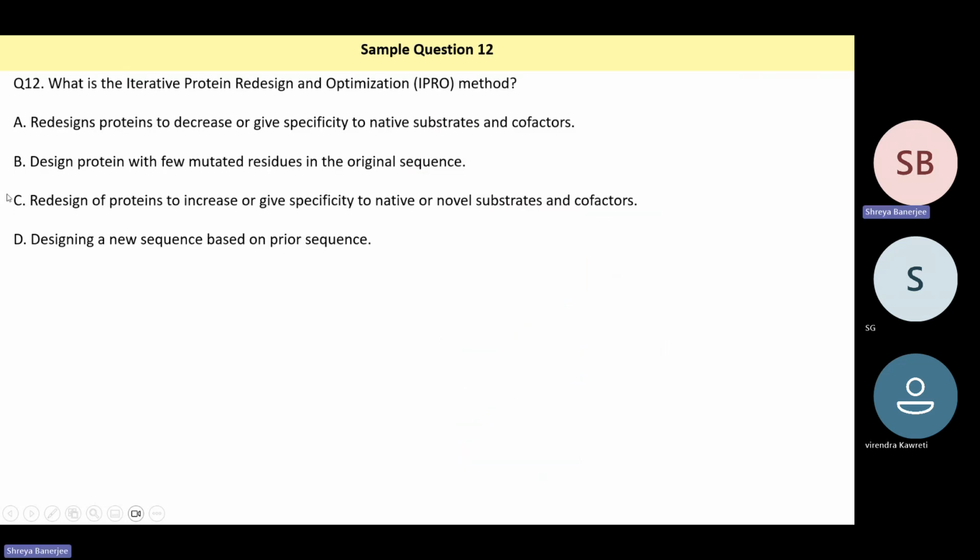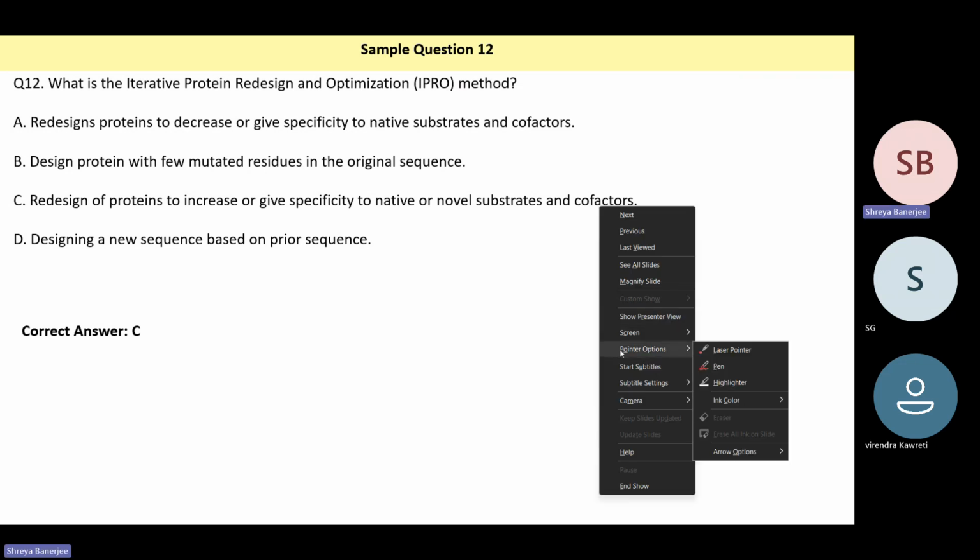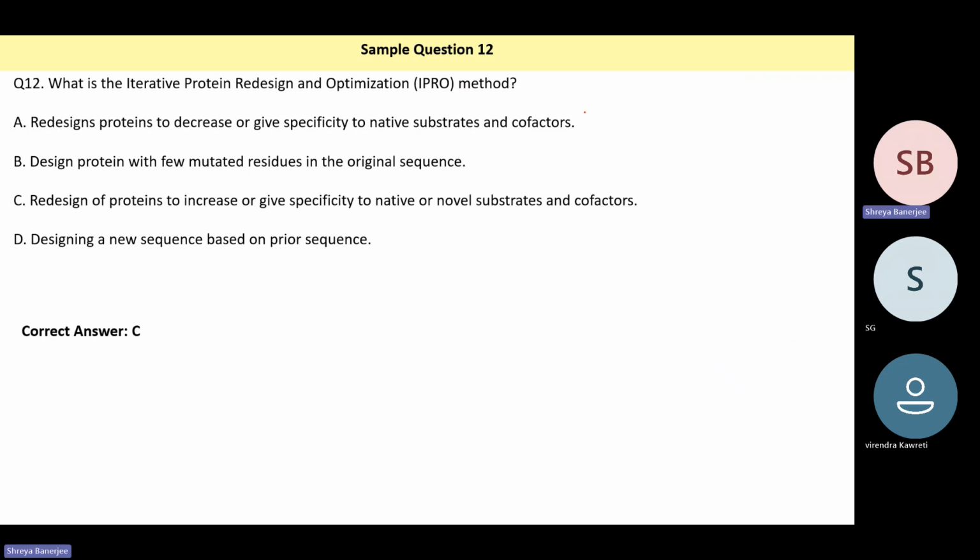And one second. Yeah, what is the EPRO method we studied? It is to redesign proteins to increase or give specificity to native or novel substrates and cofactors. So option 1 is out because it is decreasing activity. No one wants that.